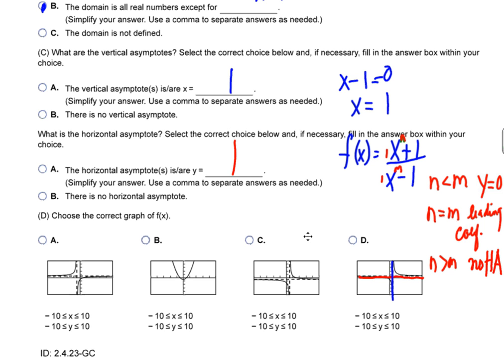The vertical asymptote was 1. The horizontal asymptote is 1. Don't confuse it with C, because the horizontal asymptote on that one is negative 1. So they're pretty close. You have to keep a good eye on it. And then you could graph that. So the best answer, or the correct answer, for this problem would be D.